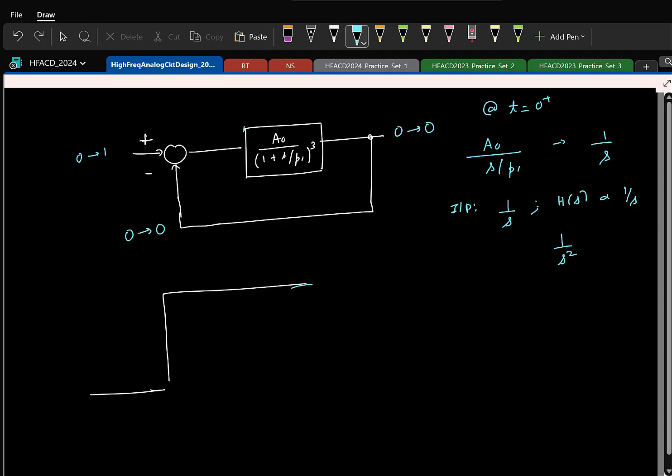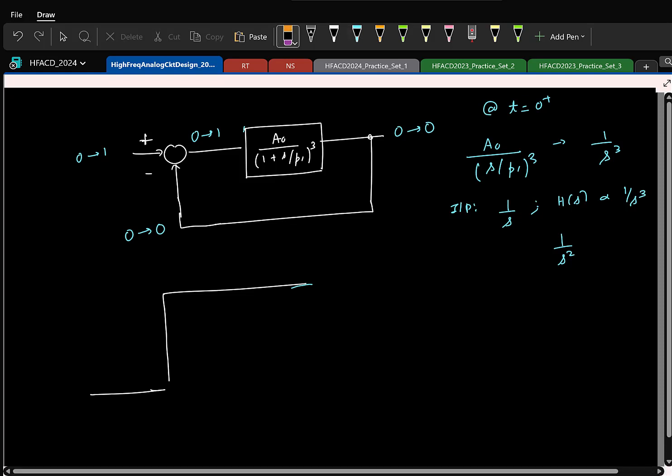So again, at t equal to 0 plus, it is as though I applied the step input directly to this third order system. Once again, at t equal to 0 plus, I can approximate this as 1 by s cube. So how will the output go? Now it is 1 by s to the power 4.